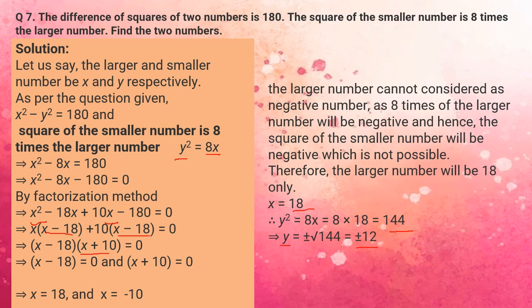That means the larger number is only 18, but the smaller number may be plus 12 or minus 12.